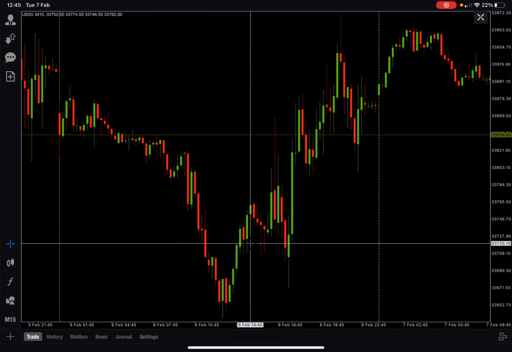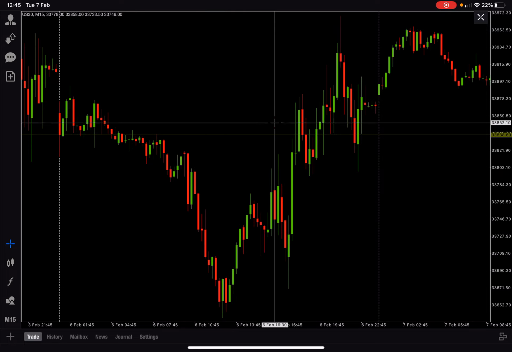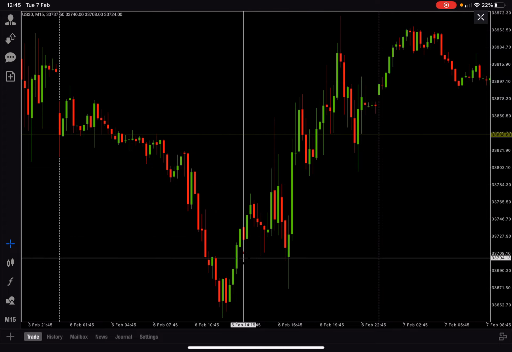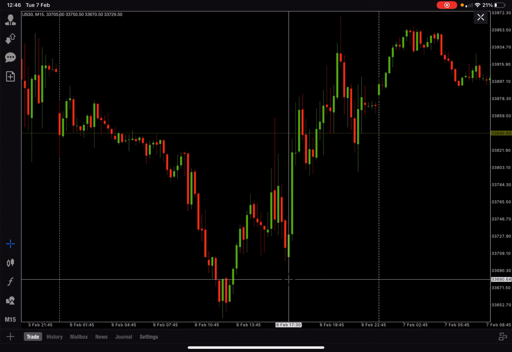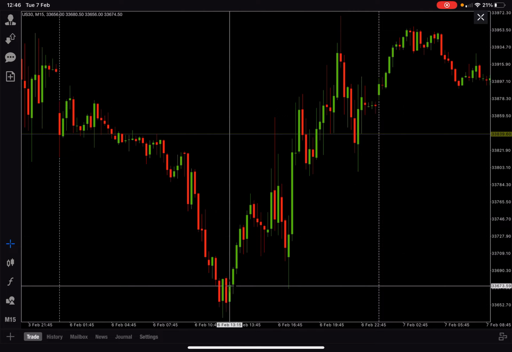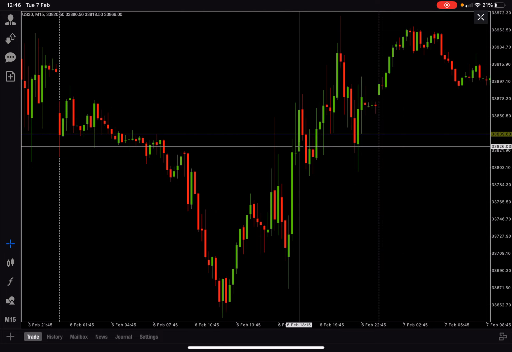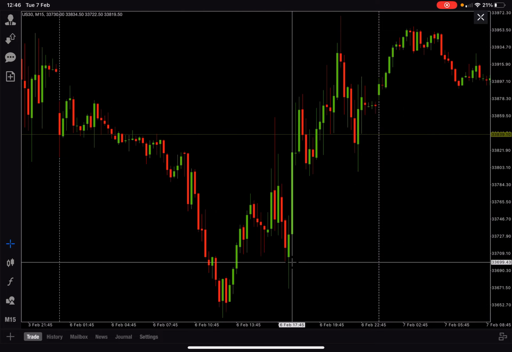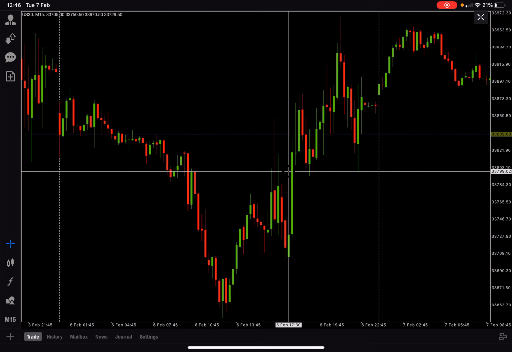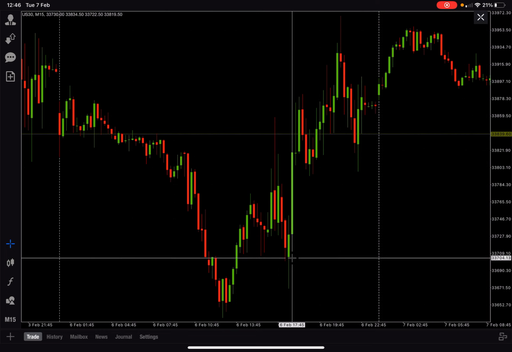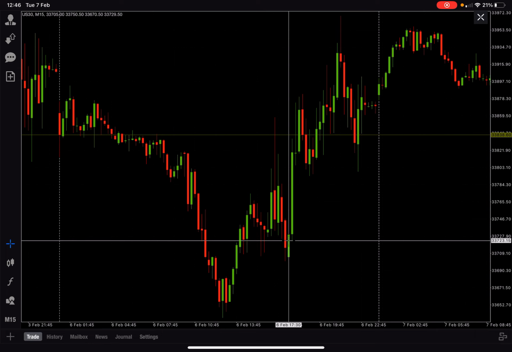So you can see price consolidated, moved up a bit, came back down. This created liquidity here. Price takes that liquidity, retests this area, then you get an upwards movement. So the confirmations for a continuation up would be in this bit, these two candles.